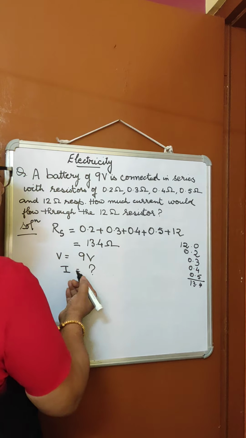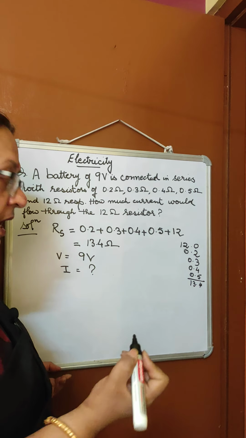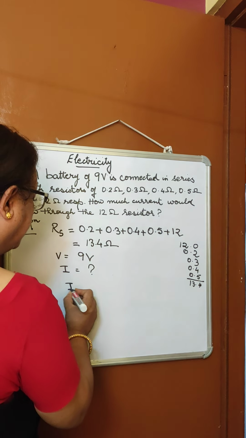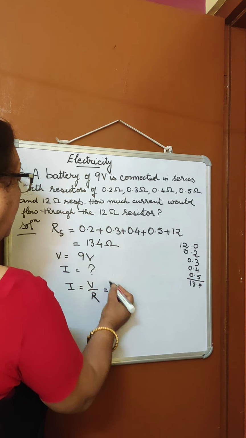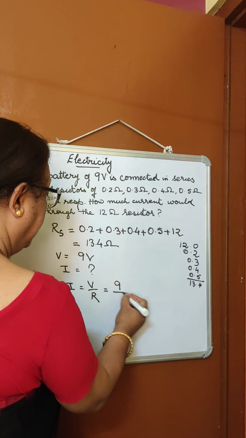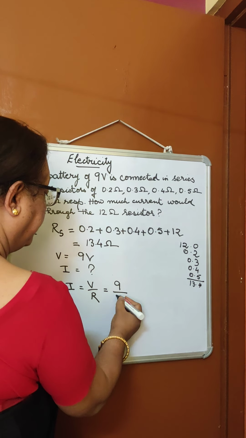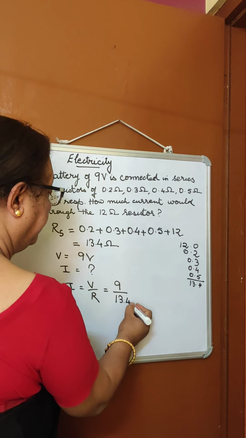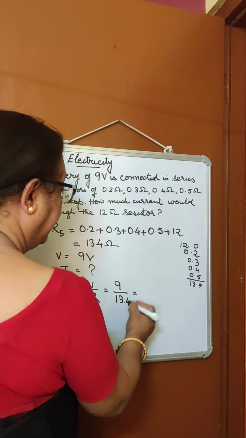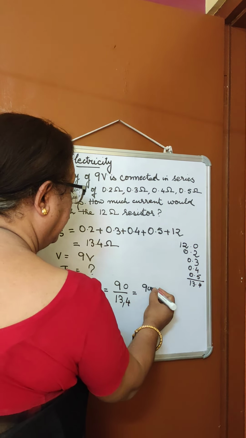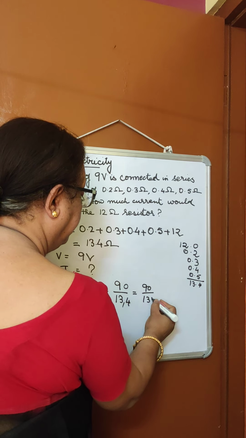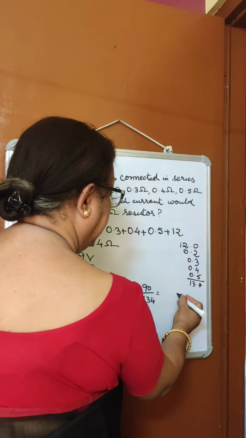So again from Ohm's law we know V is equal to IR. So I will be equal to V by R. How much is V? 9. R is 13.4. So you need to divide it. You can remove the decimal. 90 by 134. Let's see.